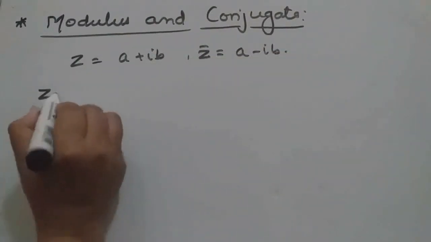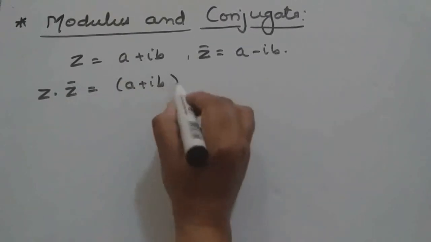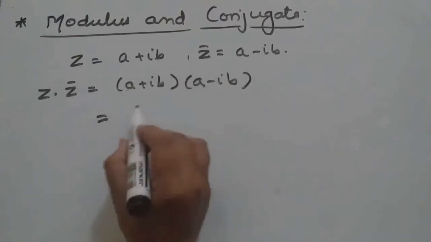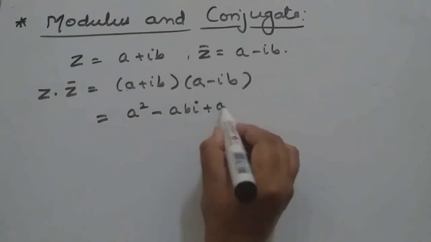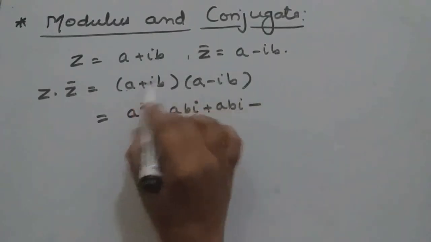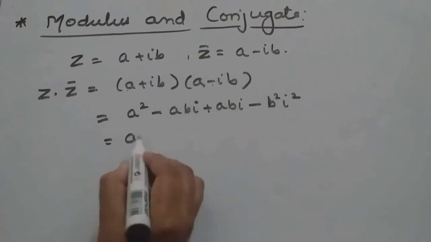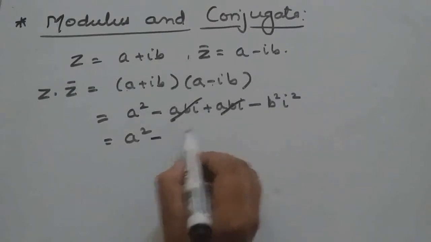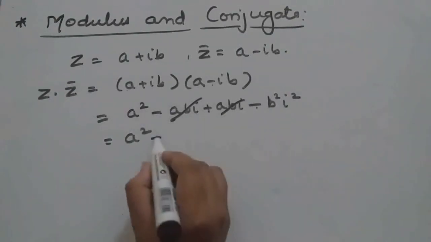Suppose we find the product of these two, what will we get here? a square minus abi plus abi minus b square i square. So a square, see, abi plus abi will go, minus i square is minus 1, minus is already there, so plus b square.